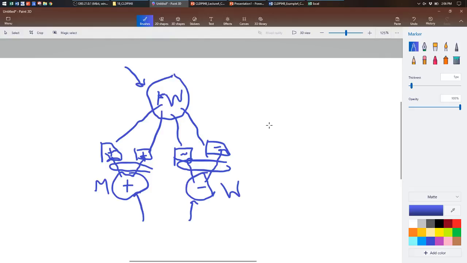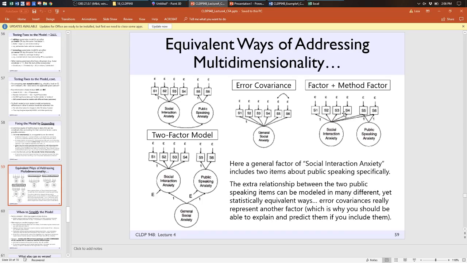So you have to go this route in terms of introducing additional sources of correlation via factors. So this method factor thing is a very useful technique so long as you can justify the interpretation of what these factors mean. And when your method factors are based on things like common wording, common stem, it's easier to do that than otherwise.